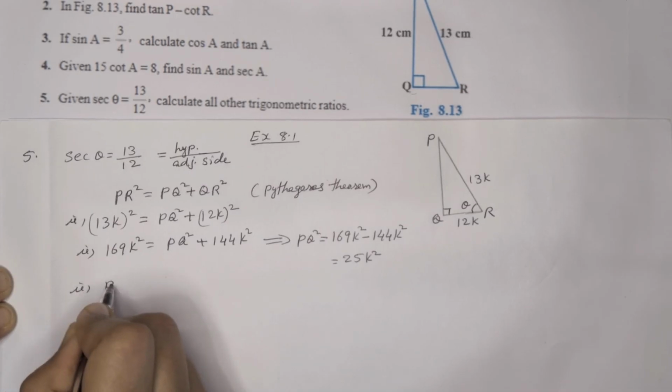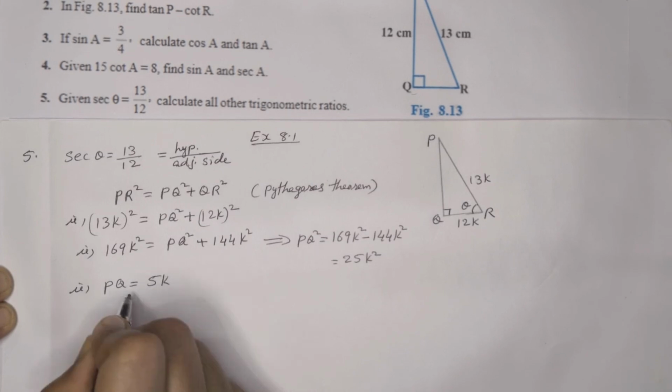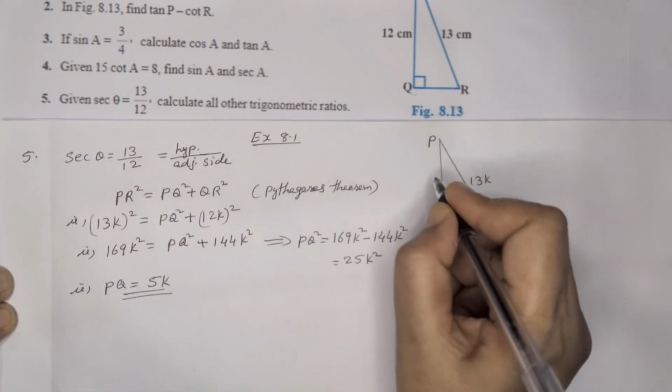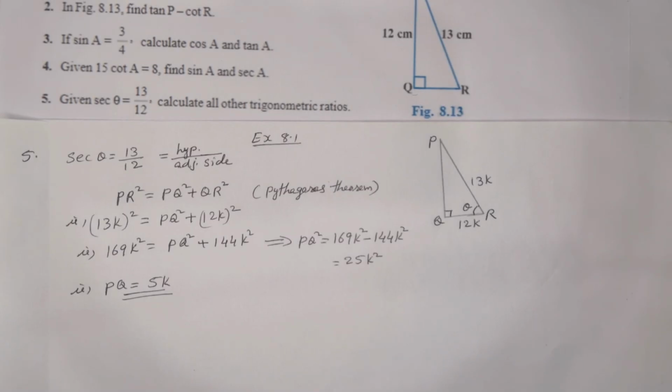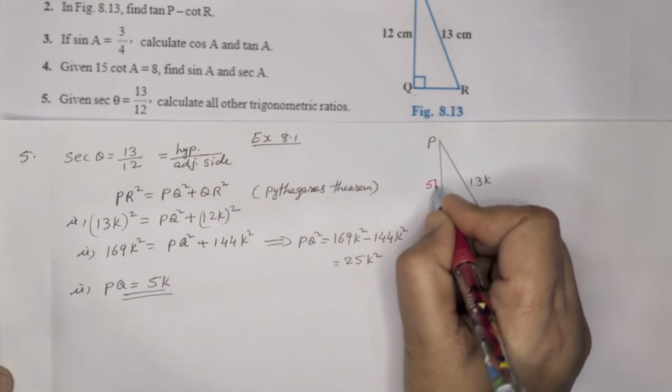That is PQ is equal to root of 25, that is 5, k square is k. So PQ is equal to 5k. We can write here PQ as 5k. That's what we got from the given ratio.